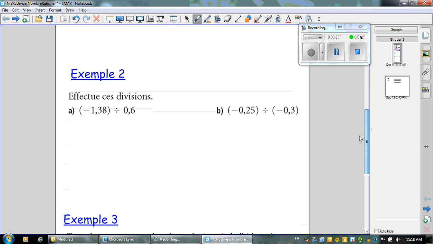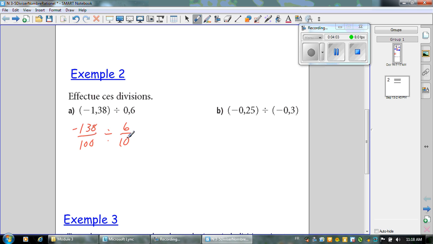All right, so here we go, dividing decimals. It's the same idea as with multiplication. You need to convert these to fractions first. So I have 1 and 38/100ths, or $1.38, that's negative 138 over 100, divided by 6 over 10.